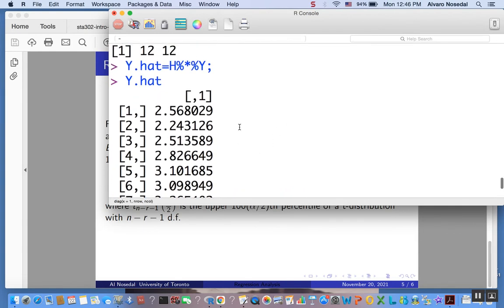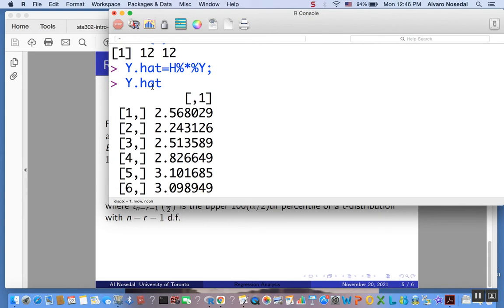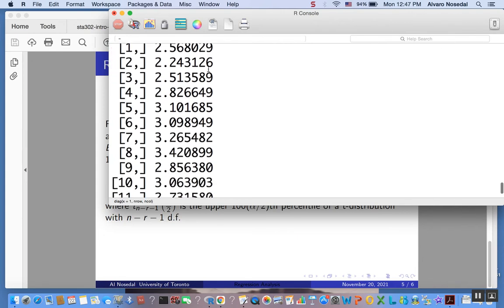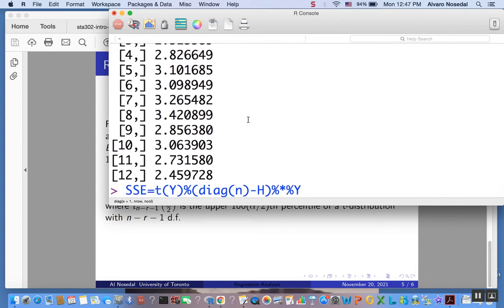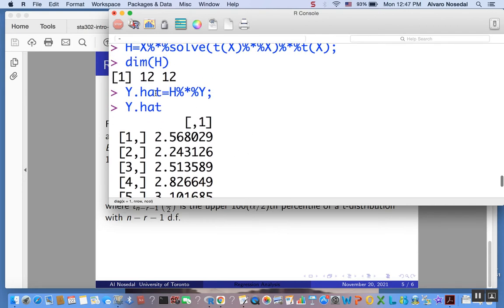We know that the residuals are going to be Y minus Y hat, right? But when you substitute this expression for Y hat, you end up with Y minus H times Y. Then you can factor out that Y and you end up with the identity minus H times Y. And then you do that product, the transpose of that vector, which would be Y transpose I minus H transpose, right?